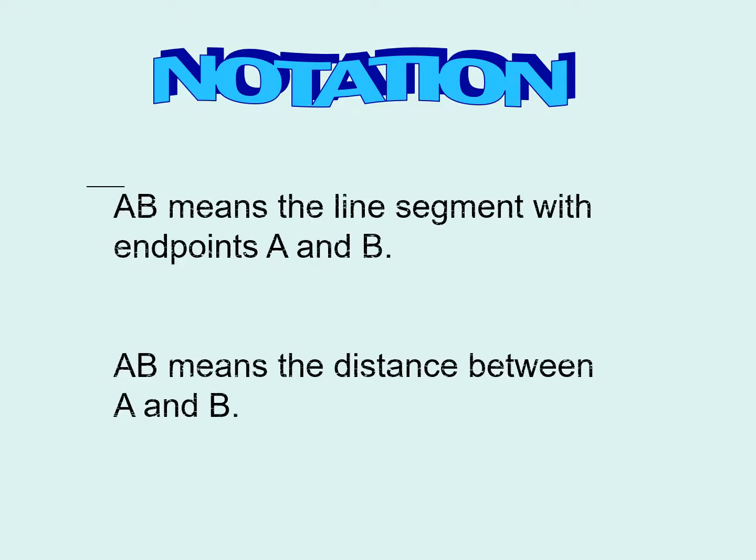All right, some things to note. We made a big deal with notation when we were naming things like point, line, plane, ray, angle, all that stuff, and segment. So AB with the line over it means the line segment with points A and B. AB with no line over it means the distance between A and B. That can be centimeters, kilometers, inches, whatever.